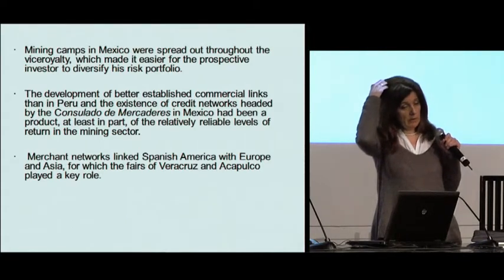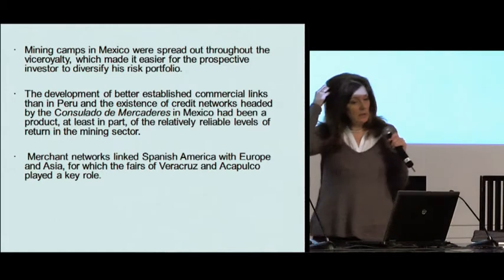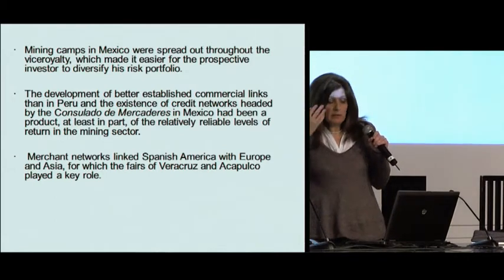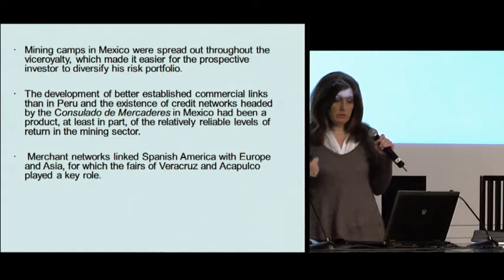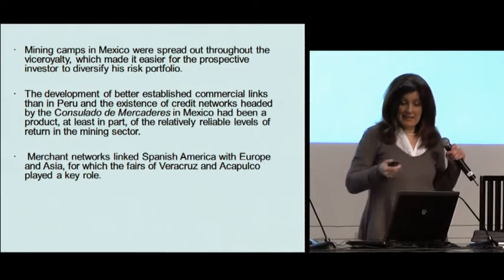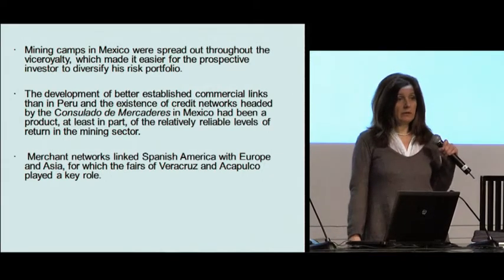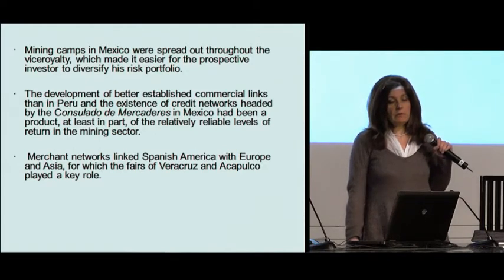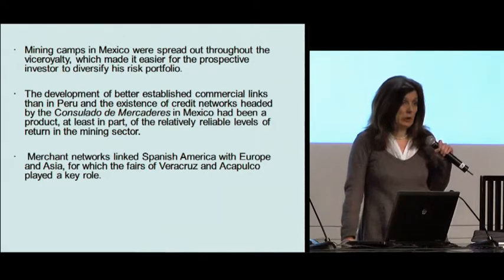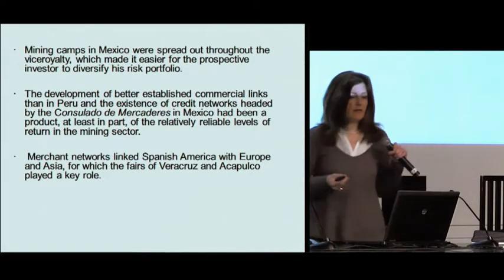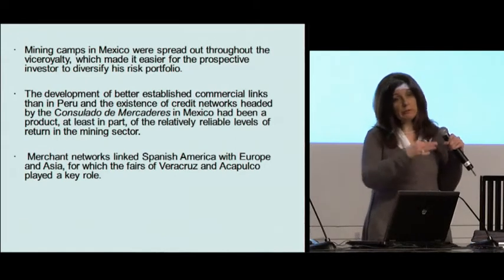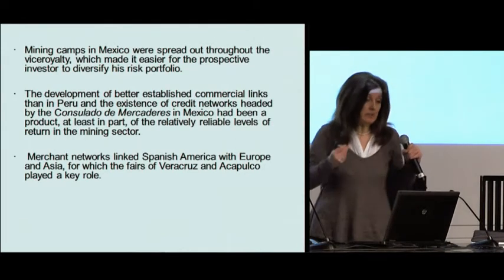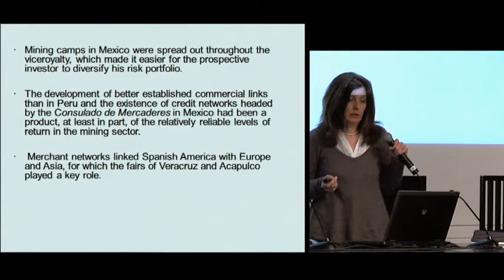We have the Consulado de Mercaderes, and these better established commercial links may have been a result also of this less volatile production in silver, because these merchants invested in the silver industry at that time, and of course, if investors are looking for safer returns, this might have contributed to the development of a better knitted network in Mexico than in Peru too.